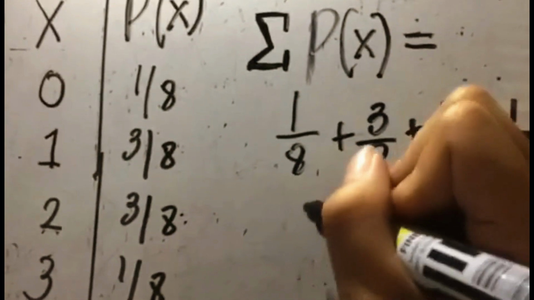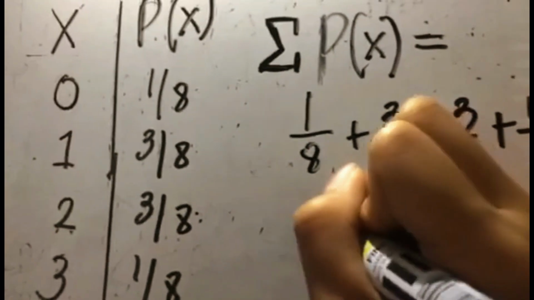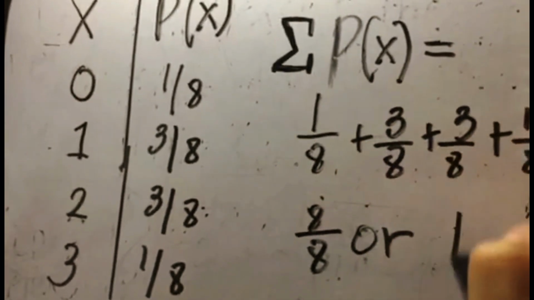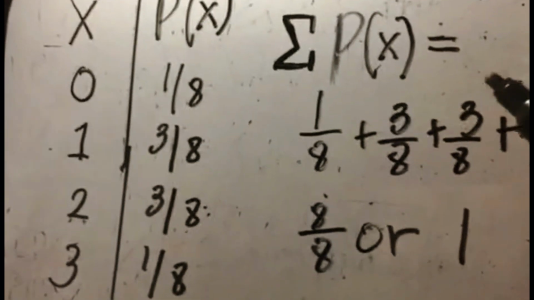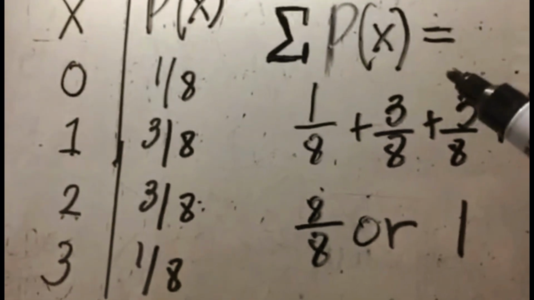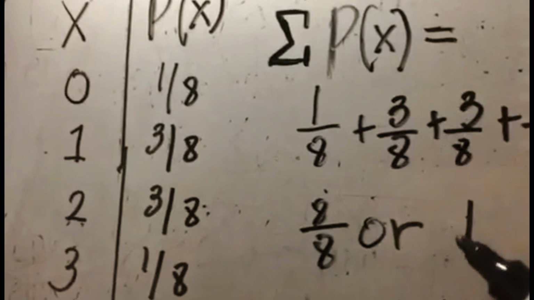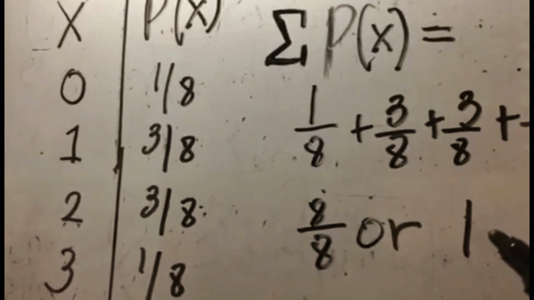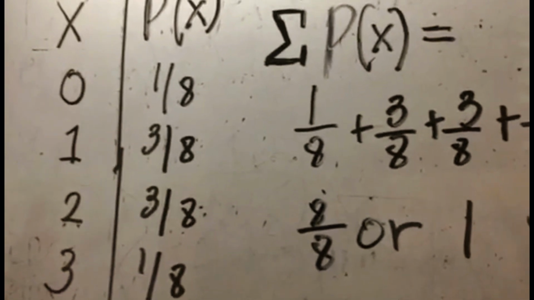It is equal to 8 over 8 or 1. As we have proved that it is equal to 1, we can consider it an example of a probability distribution.